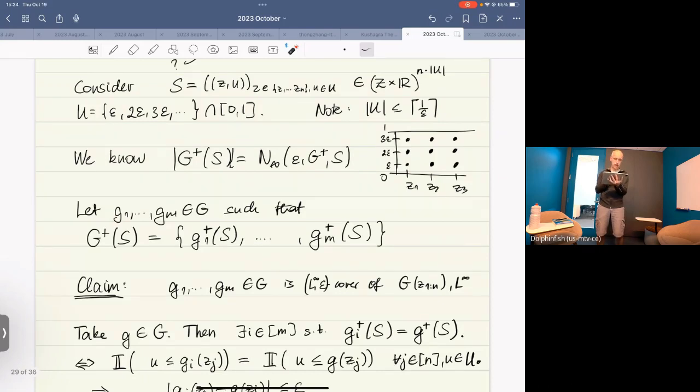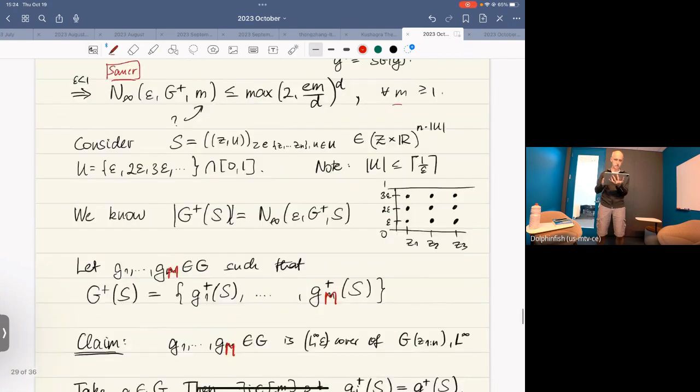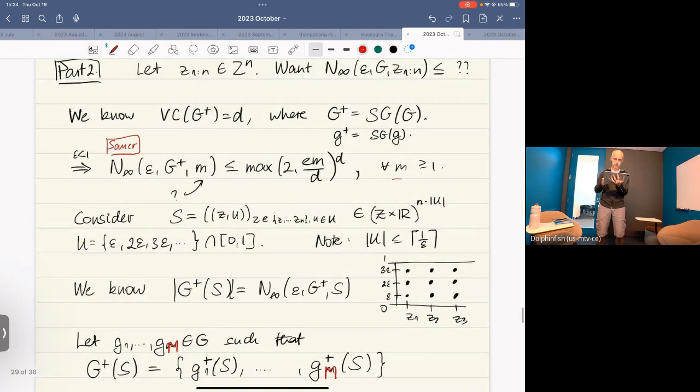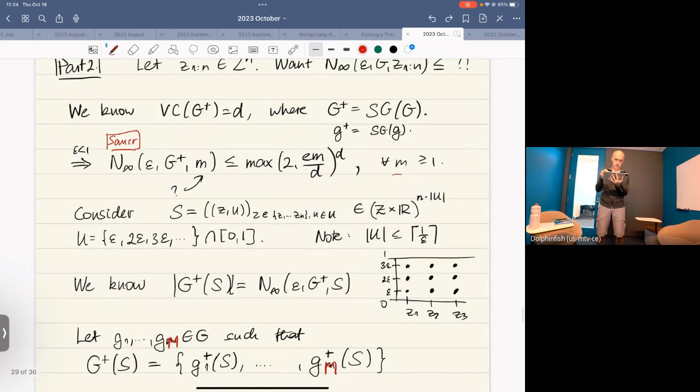Actually, that shouldn't be m, it should be capital M or something, because who knows how many they have. I'm going to call it capital N.